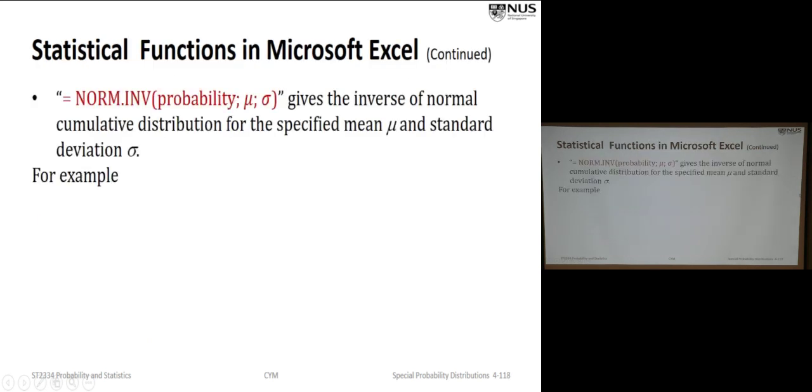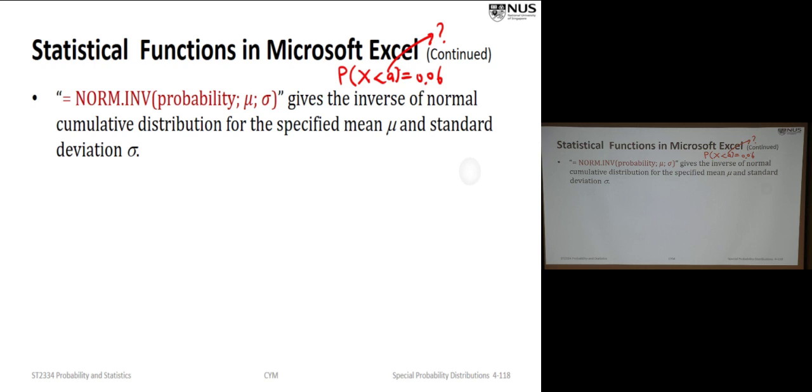Now, inverse probability. All right. What is this one? This one simply, we can say, gives you the quantile. It tries to find a value such that the probability is equal to something. For example, 0.06. Find a number A such that the probability of the random variable X, which is normal with mean mu and sigma square, is less than A with probability 0.06.